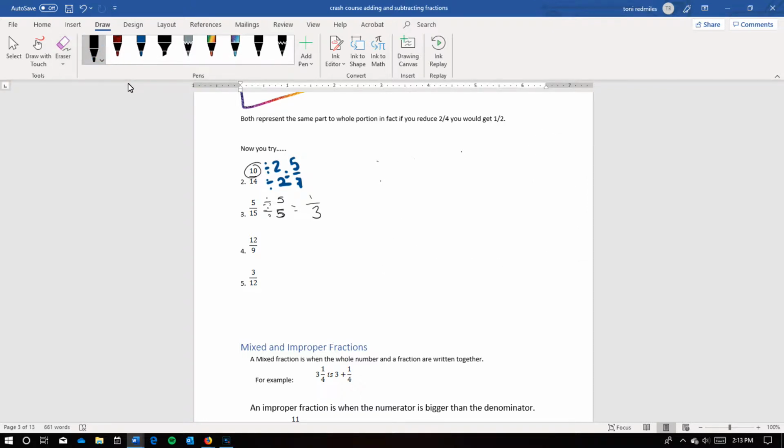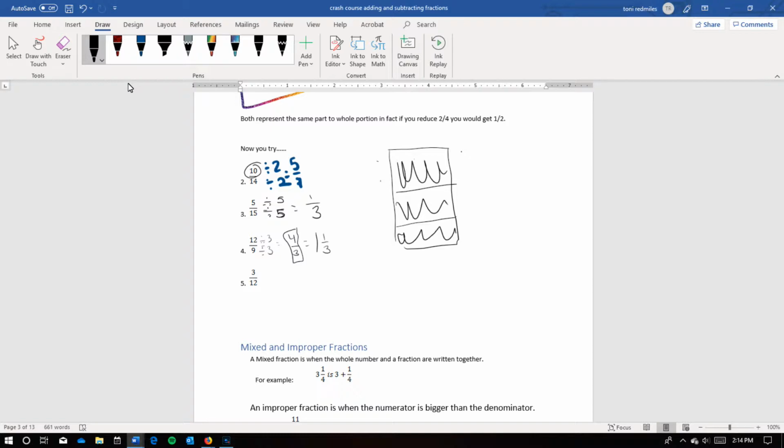Okay, so this next one is an improper fraction, but let's reduce it down. I can tell that both numbers are divisible by 3. So that is 4 over 3, which is 1 and 1/3. So let's go ahead and do this one. The bottom still means how many. This one I have to fill in 4. Well, I only have 3, so I'm going to fill in the 3.